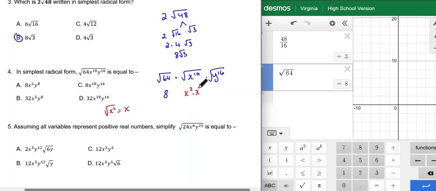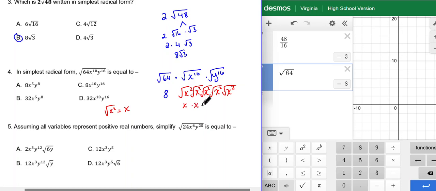I want to see how many x squares do I have underneath here. Well, if I do 5 of the x squares, I would get 10 of them here. So basically what I have here is, and then each of these gets square rooted, right? And then square root of x squared is just x.